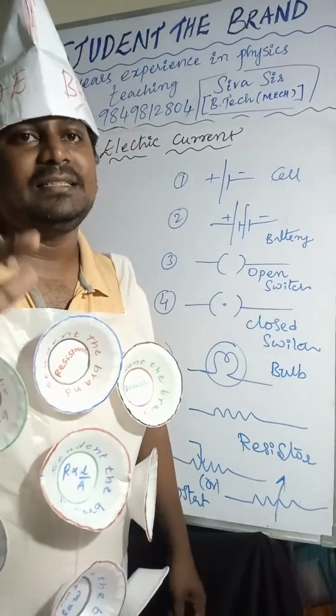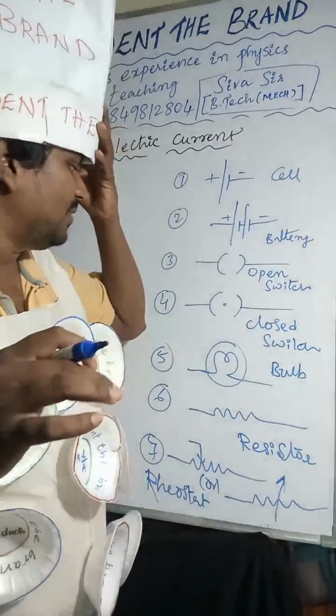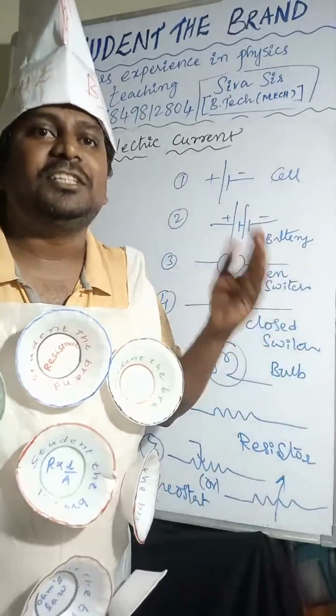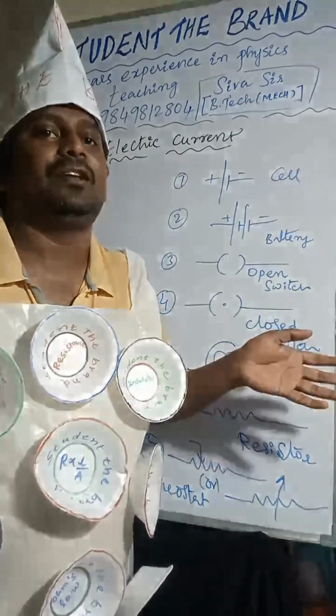Here you can observe one thing. A resistor is a device which opposes the electric current in the circuit.